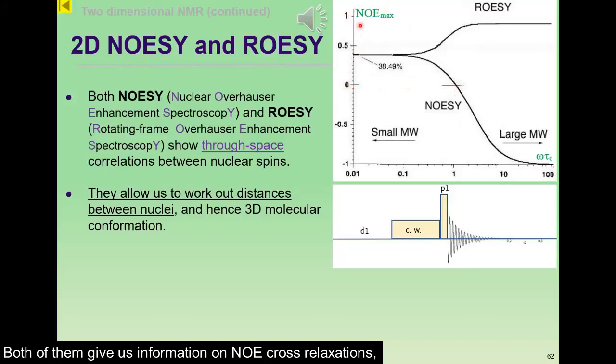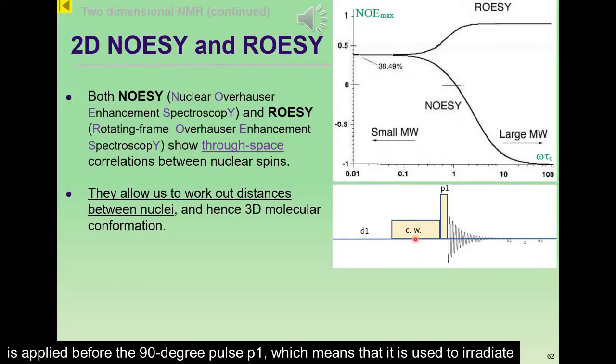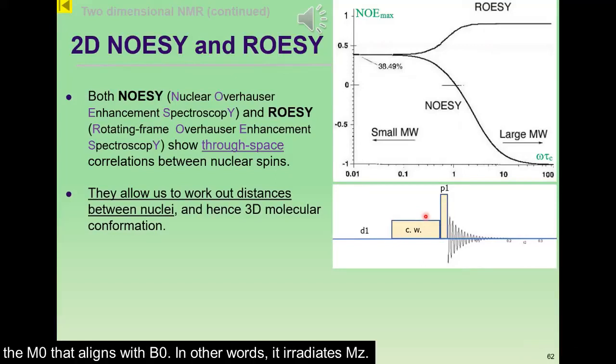Both of them give us the information of NOE cross-relaxation. But the irradiation techniques they use are different. If you look at the basic NOESY pulse sequence, the continuous wave, i.e. a long duration pulse, is applied before the 90-degree pulse P1, which means that it is used to irradiate the M naught that's aligned with B naught.